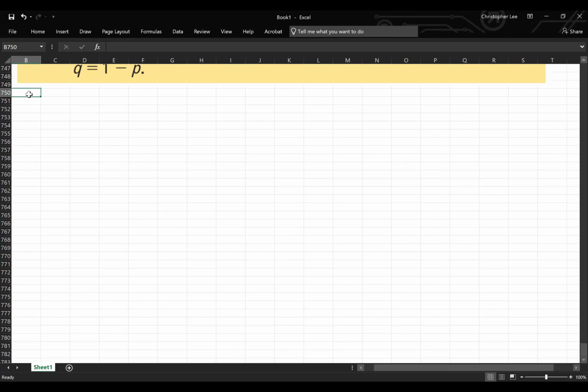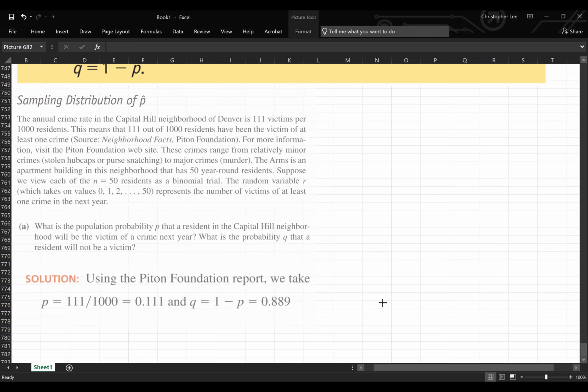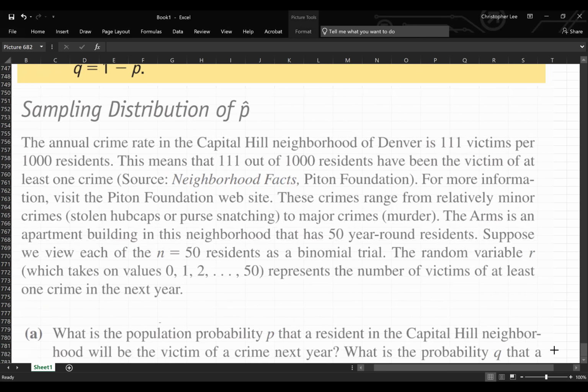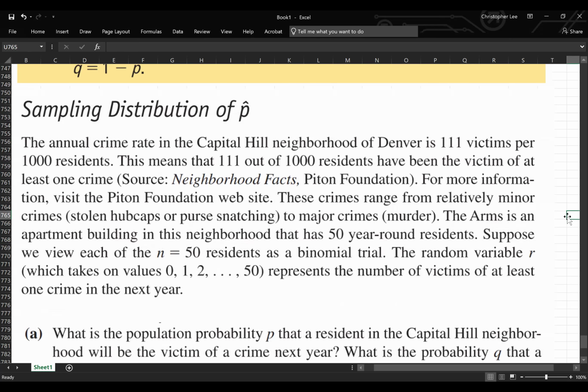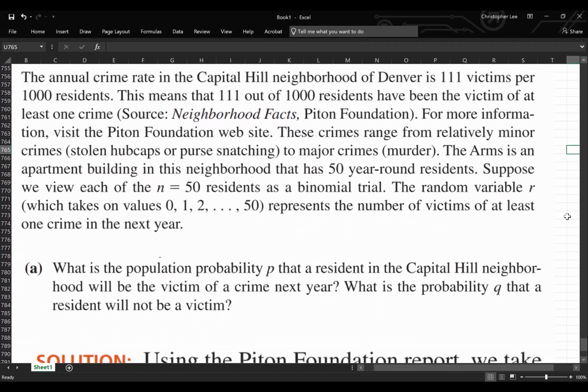All right, let's look at this example real quick. Sampling distribution of p hat. The annual crime rate in the Capitol Hill neighborhood of Denver is 111 victims per 1,000 residents.